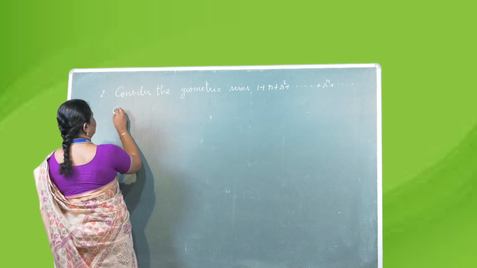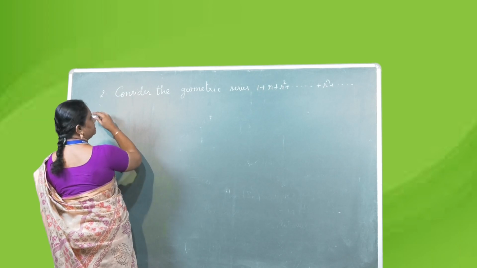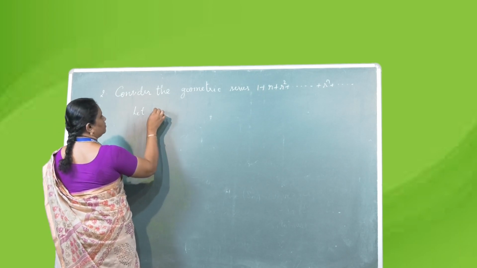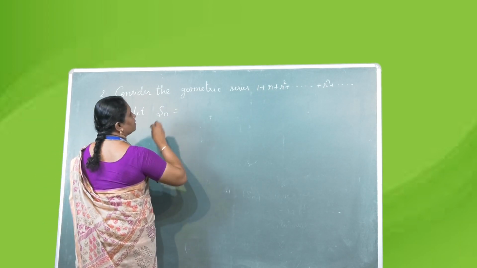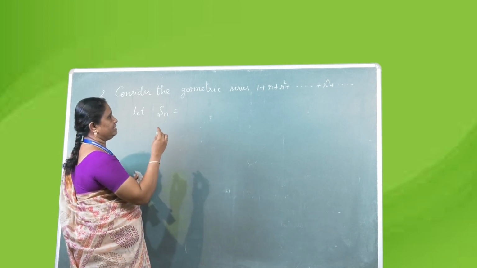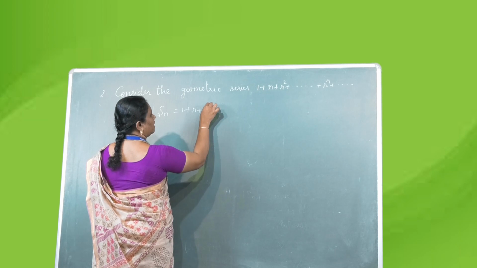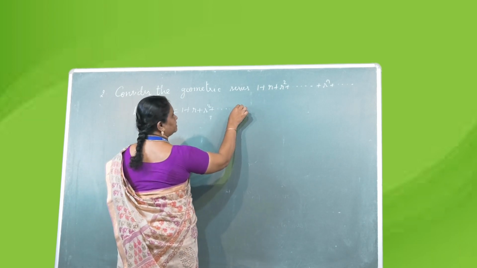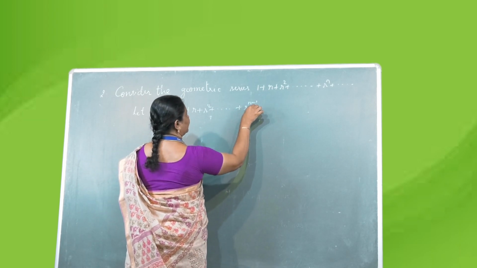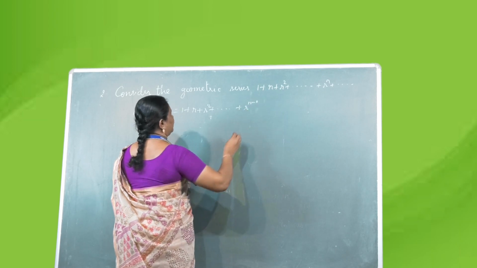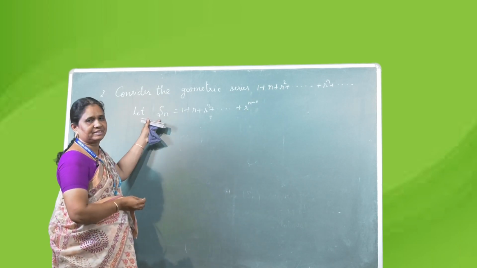Before going to the cases, let us find sn, the partial sums of the given series. Up to the nth term we have 1 plus r plus r square plus etc. r power n minus 1, the sequence of partial sums sn.